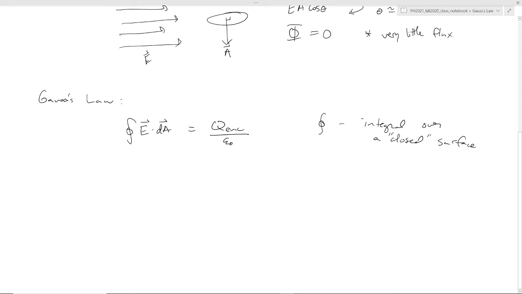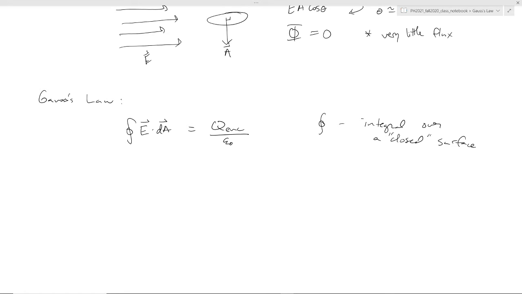So this is Gauss's law. This is a really powerful tool. Much of solving problems with this involves coming up with an integration over an area that has a good geometry that makes it easy to solve the problem.